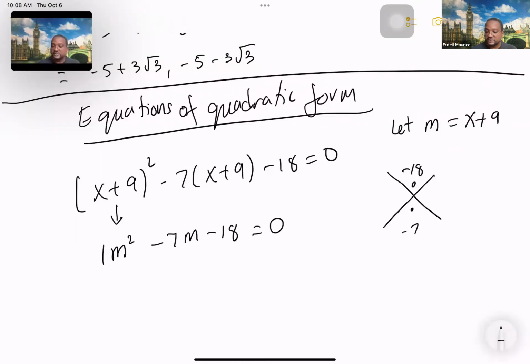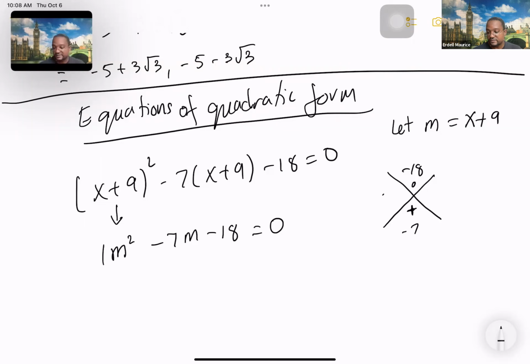Can you think of two numbers that when you multiply them together, you get negative 18? And when you add them, you get negative 7? Anybody? Going once? Going twice? Anybody? Oh man, nobody's there.